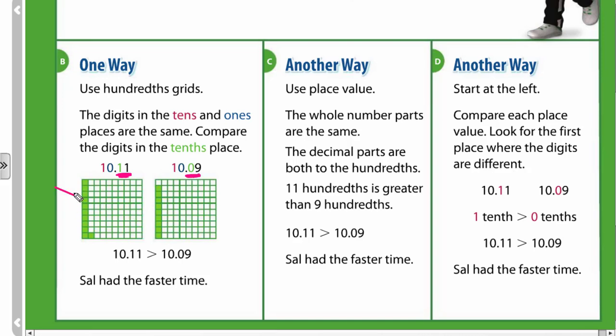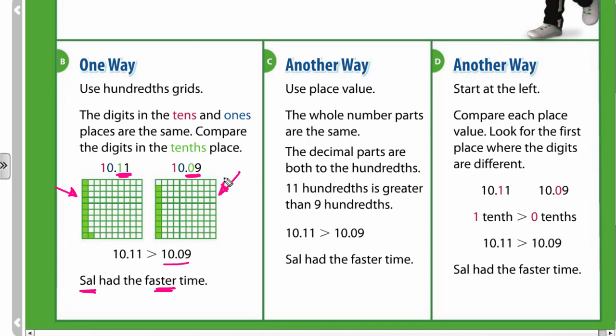If we use the grid, this is 11 hundredths and this one is 9 hundredths. As you can see, 11 hundredths is greater than 9 hundredths. So the faster is the smaller, the time which is less. So this one is smaller, so Sal had the faster time.